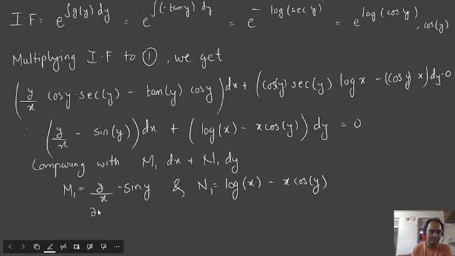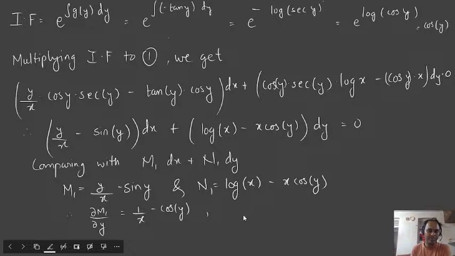Therefore ∂M1/∂y, when you calculate, what do we get? It is 1 over x, derivative of sin y is cos y, so here you get 1/x minus cos y.